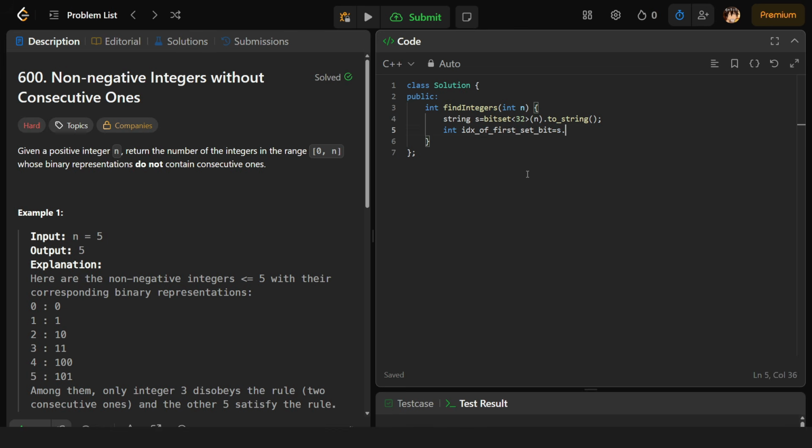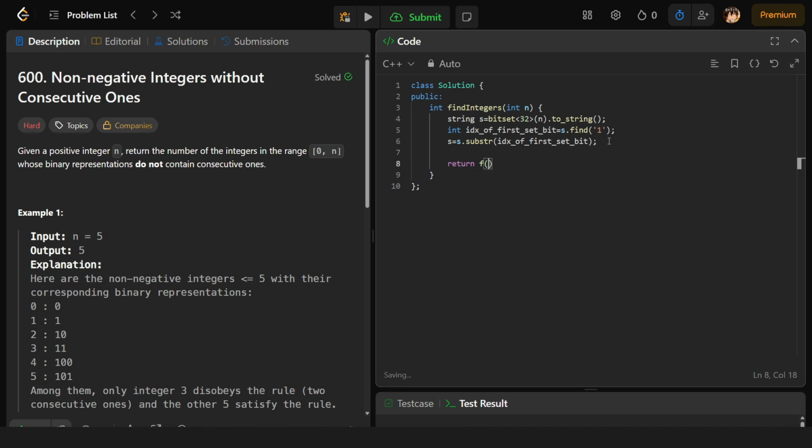I will just say s.find of 1. It will give me the index of the first 1, and starting from that and going till the last will be our actual string. So I will say s is equal to s.substr starting from this index. And once this is done, that is, our required string is formed, I will call the function, and whatever it returns, I will simply return that answer.